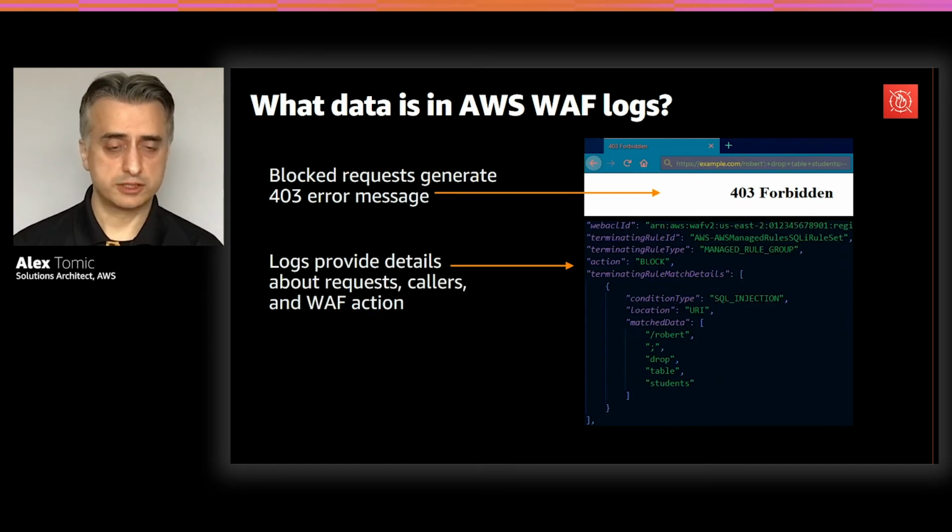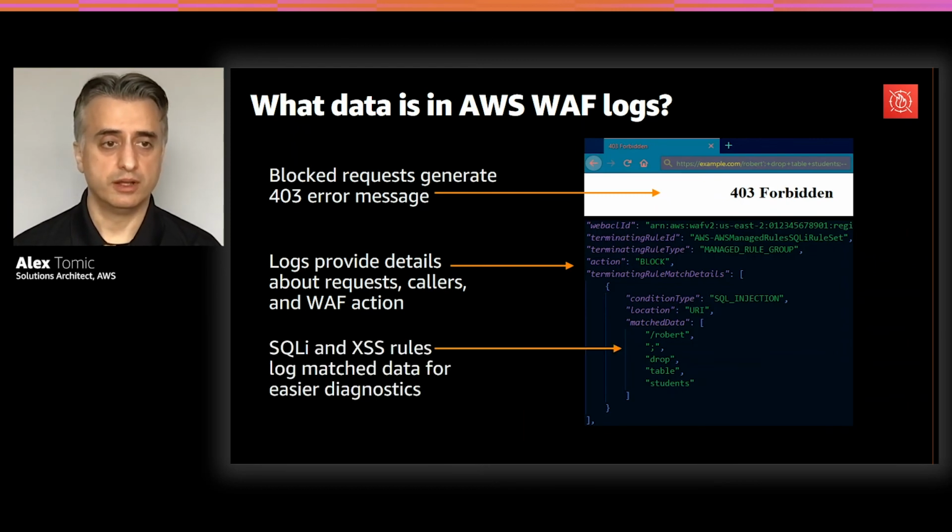But on the other side, on the back end, the WAF logs will contain full details of the request. Those will include things like all the headers, IP address of the caller, and WAF action details. Those WAF action details will include which WAF rule was triggered, and if the action was allow, block, or simply count, if you're just trying to test out a new rule.